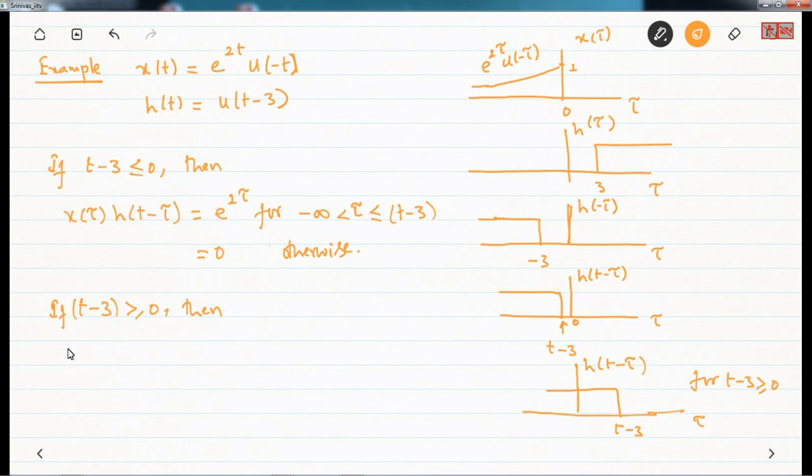Then x of tau into h of t minus tau is equal to e power 2 tau for minus infinity less than tau less than or equal to 0, and it's 0 otherwise.